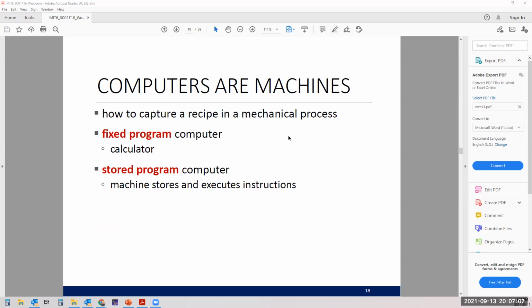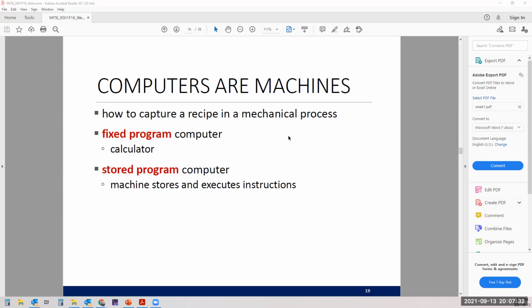Robotics also needs a lot of mechanical knowledge, or mechatronics if you are doing a hand or leg for disabled people. So there is a mechanical process with those devices, right? So how to capture a recipe in a mechanical process?